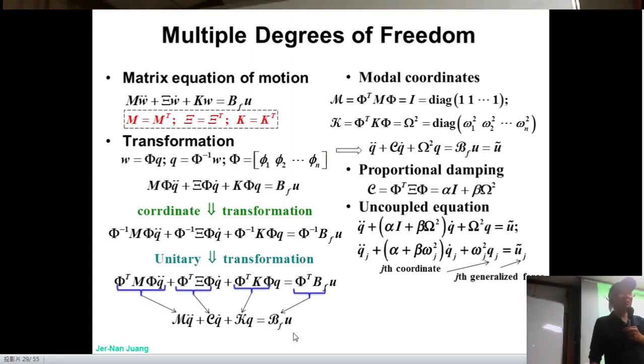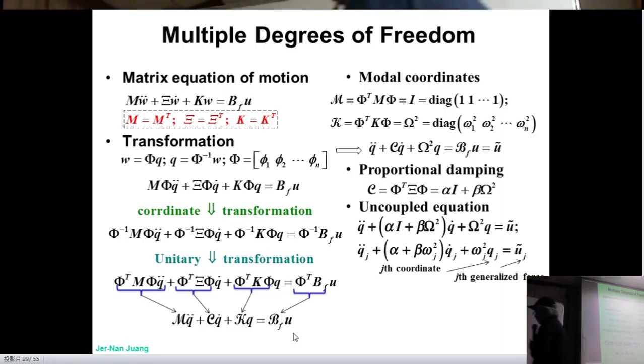That's the property of symmetric matrix. You cannot change phi inverse to phi transpose for any other non-symmetric matrix. This only exists for symmetric matrix.